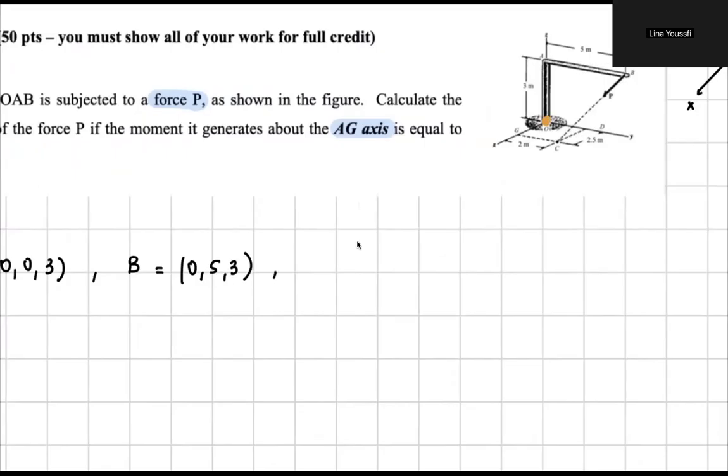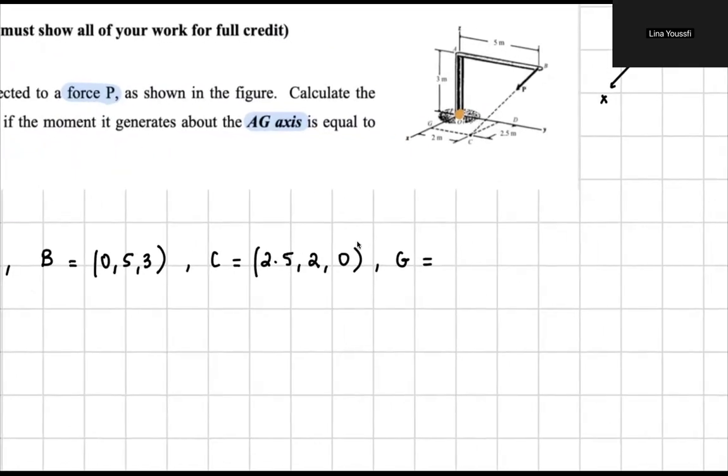Point C is gonna be 2.5, 2, 0. And then point G is going to be 2.5, 0, 0.